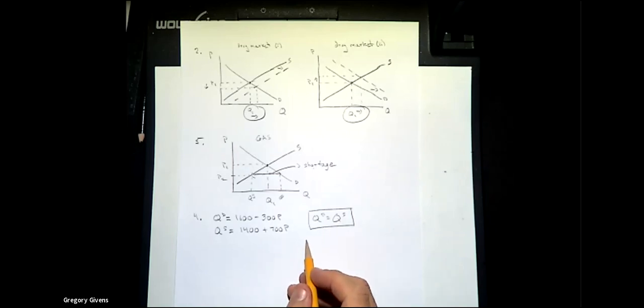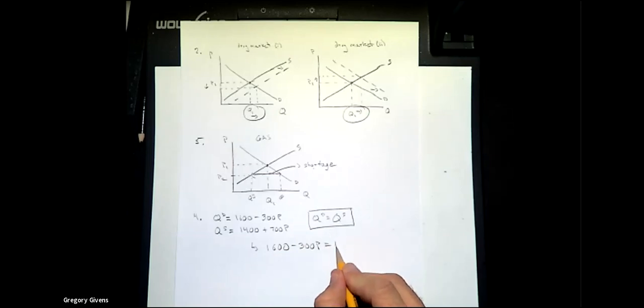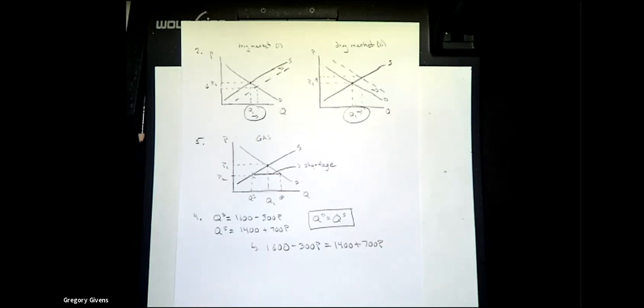So we set those two variables equal to one another. And Sean, how can I do this? This is 1600 minus 300 times P, that's quantity demanded, equal to quantity supplied, which was 1400 plus 700 times P. So if we subtract 1400 from both sides, we're left with 200.